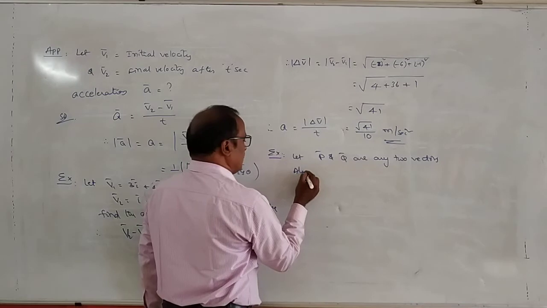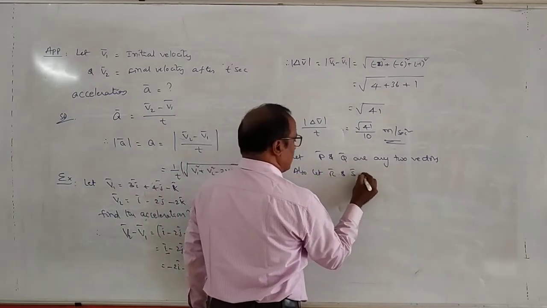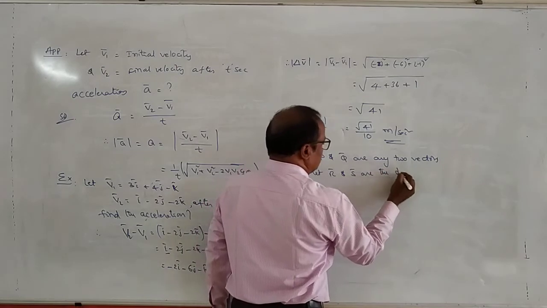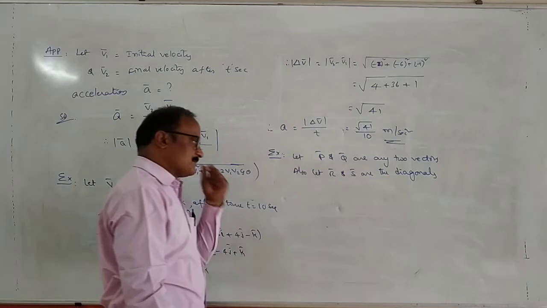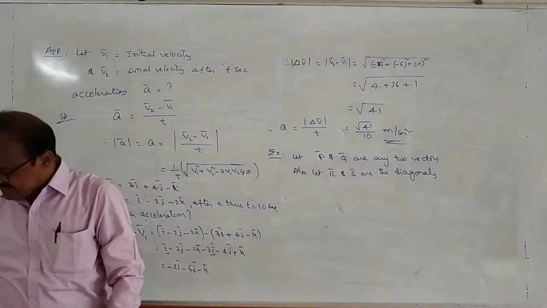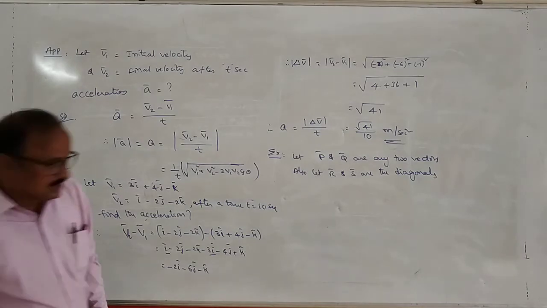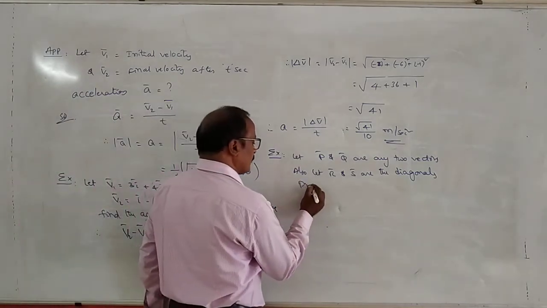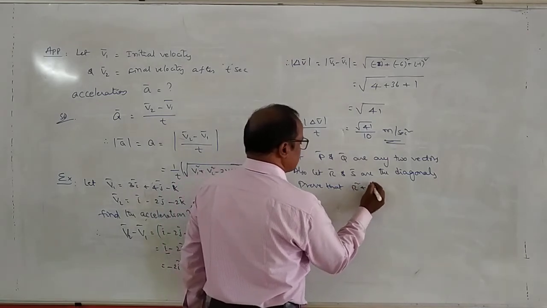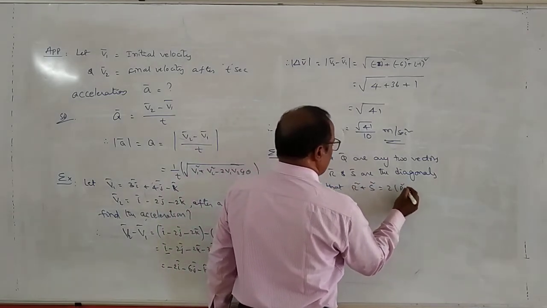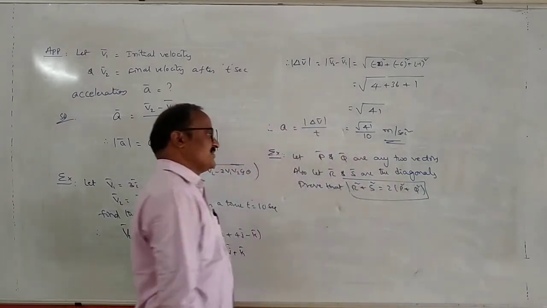Also let R bar and S bar be the diagonals. Then prove that R square plus S square is equal to 2 into P square plus Q square. So this is the application or example.